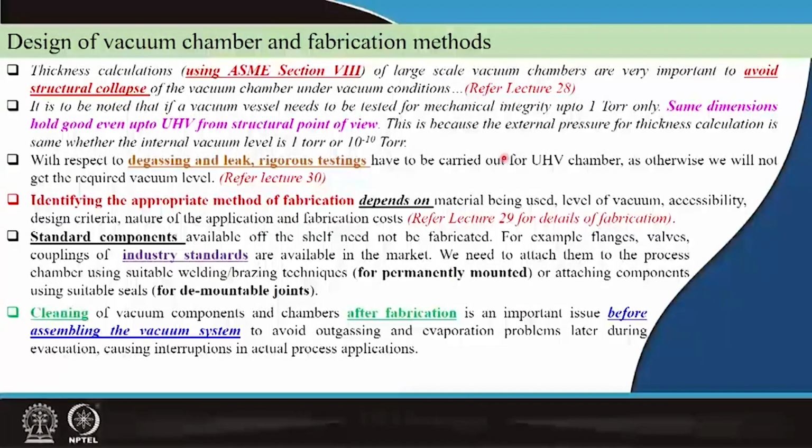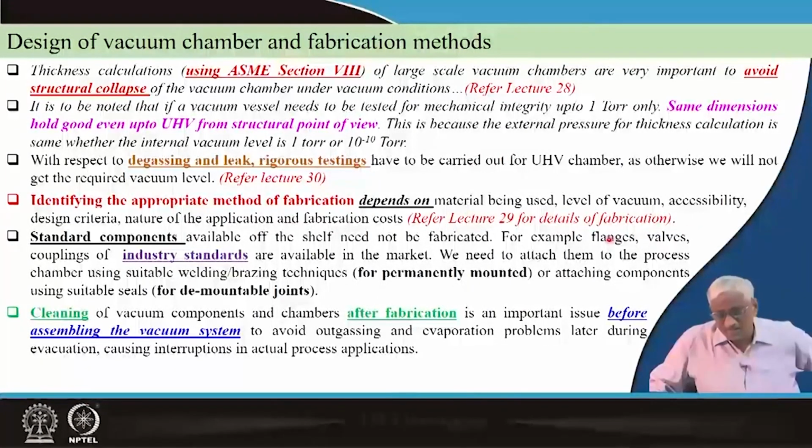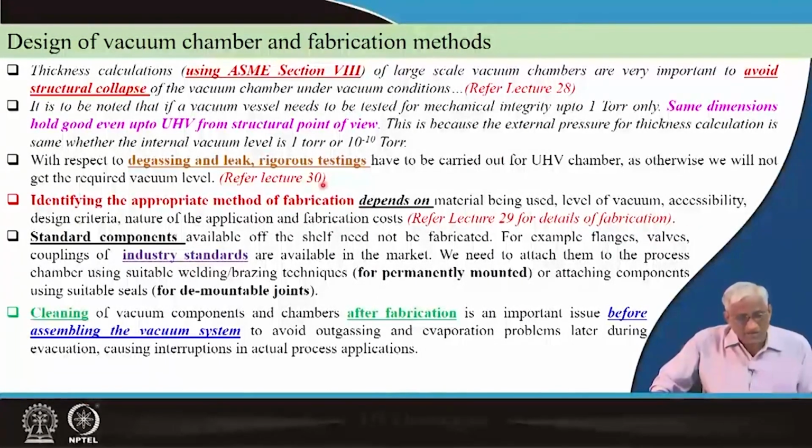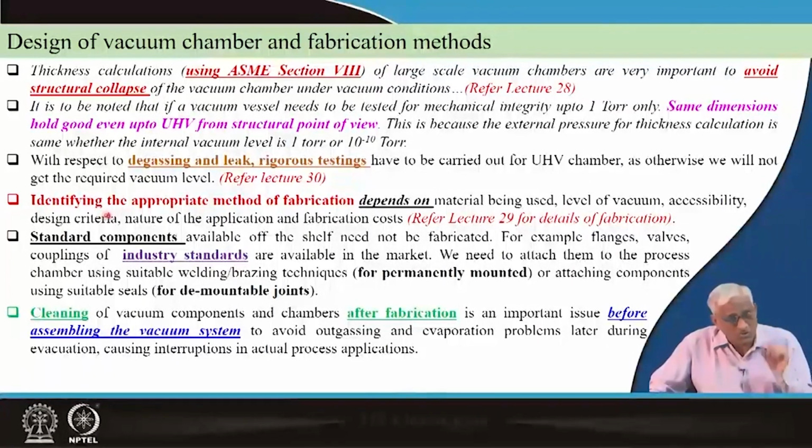So, you have to be careful on that. And then these are all discussed already in earlier classes, like in lecture number 30 you can go back for degassing. Similarly, lecture number 29 for fabrication details, what you should do, etc.